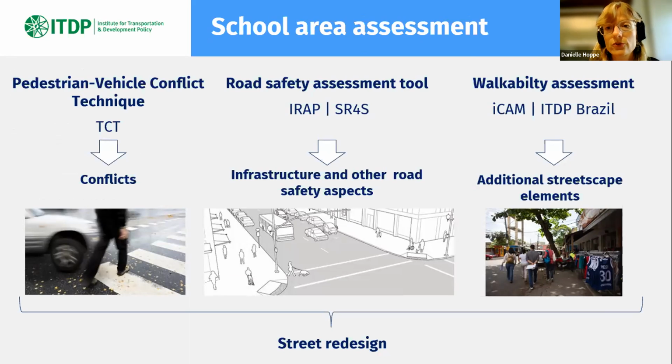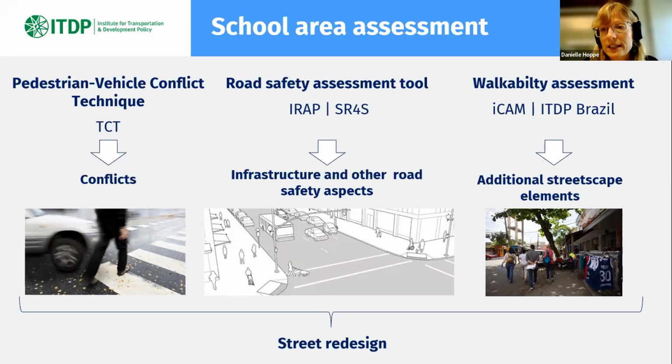But we managed to present them a series of different tools that give an idea of the safety of that area. One of them was the TCT, which we chose as the first method, because I'll talk more about that, it's the simplest and the one most adequate to our context at the moment. We also ran an assessment with the star rating for schools.